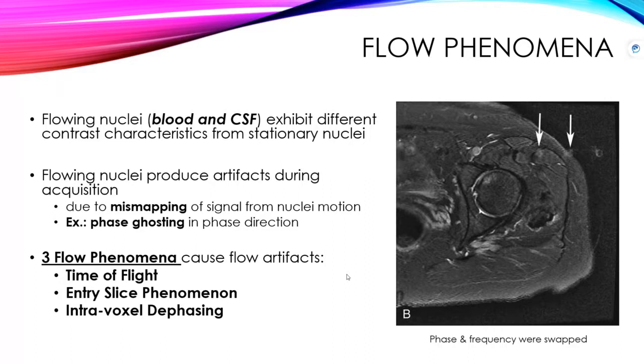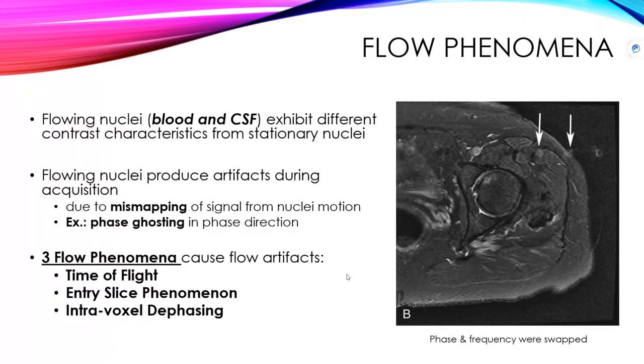So for instance, the liver tissue is stationary, but the hepatic artery has flowing nuclei in it. So when you're imaging, the liver tissue is going to exhibit a different type of contrast than the flowing nuclei in the hepatic artery, for instance, right?